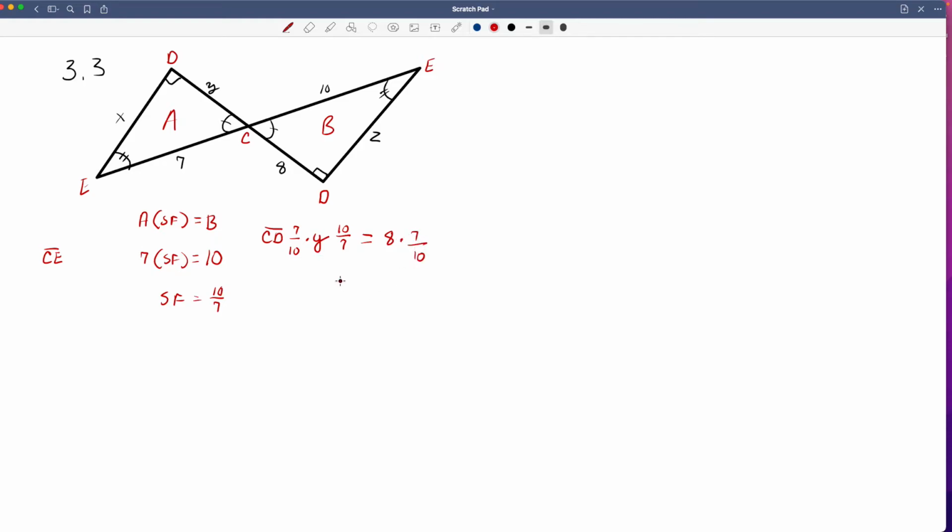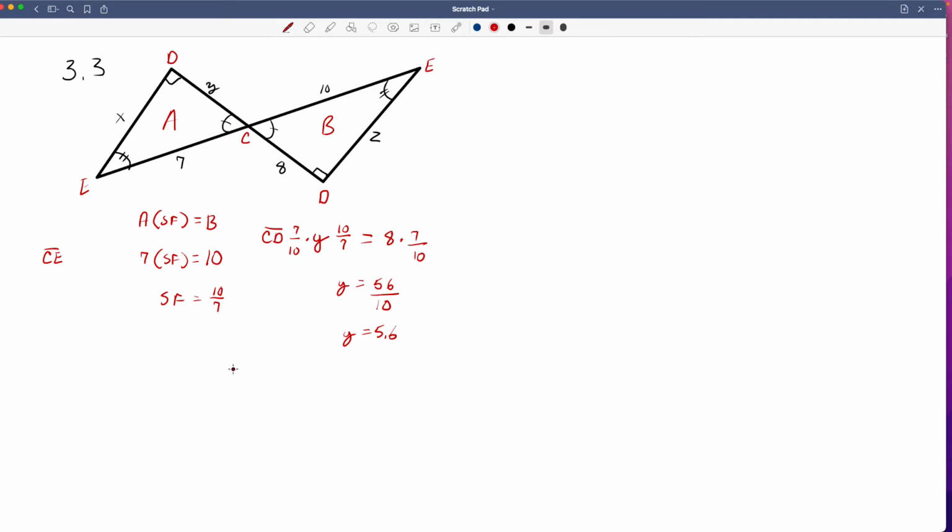And I get Y is equal to 56 over 10. Y is equal to 5.6. I just went ahead and divided for the sake of dividing. When you have it divisible by 10, it's pretty easy to just go ahead and do that.